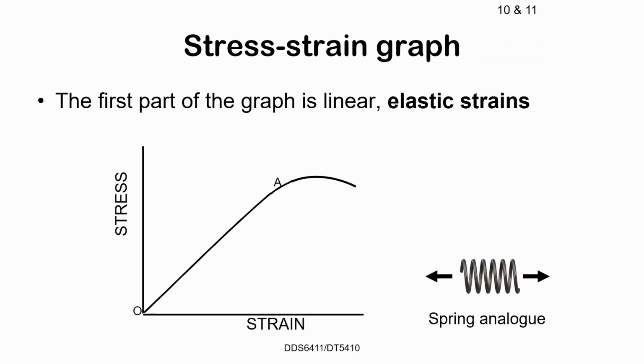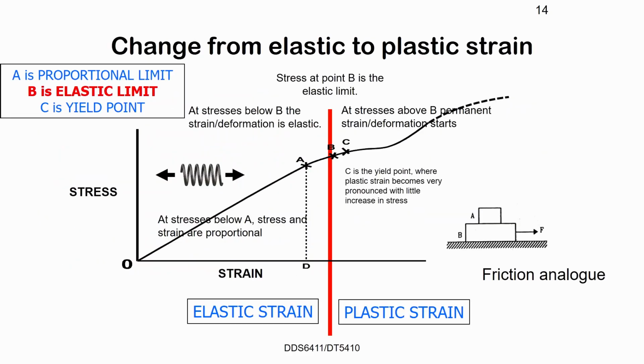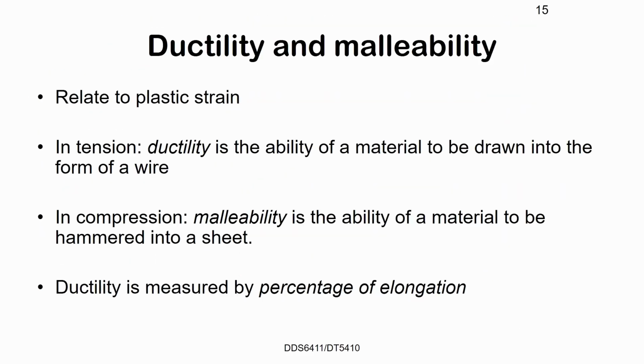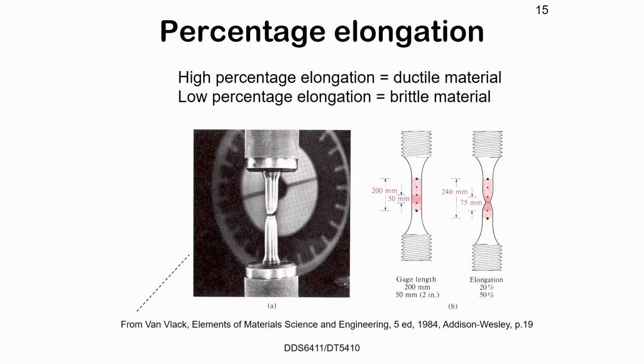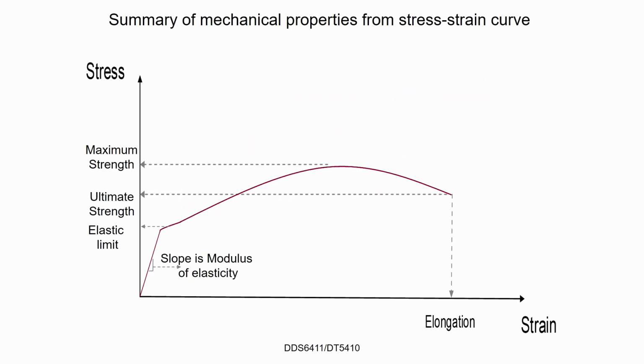So when we come to this curve, some of you are asking, why is the ultimate strength lower than the maximum strength? That's because the stresses are calculated using the original undeformed cross-section.